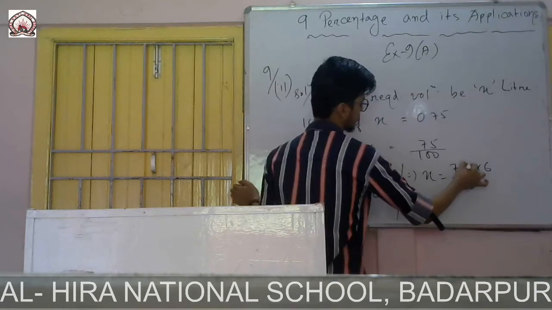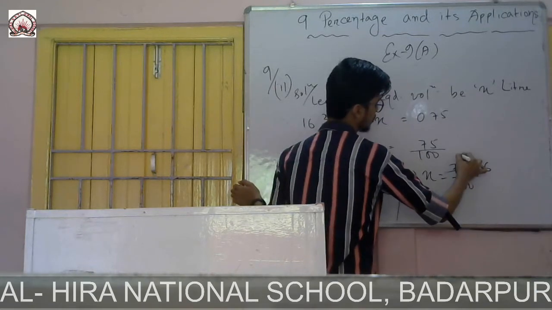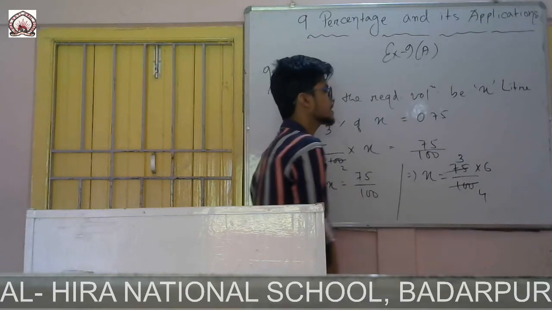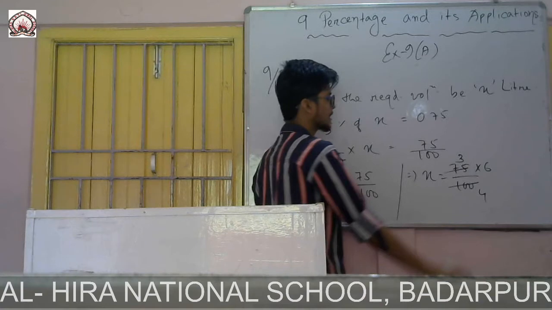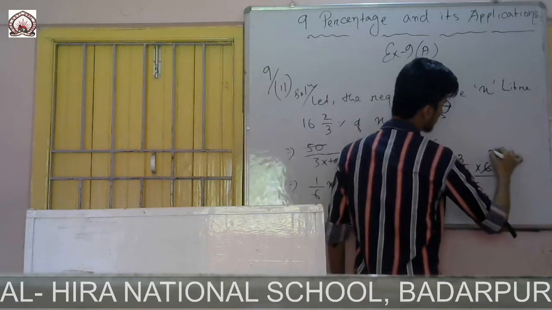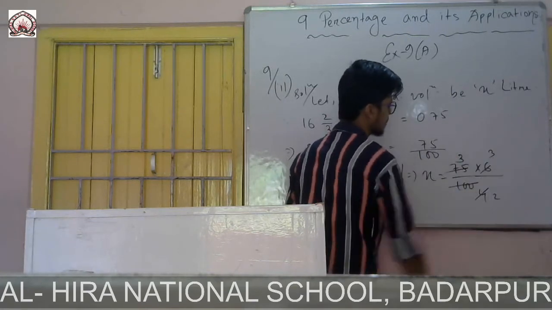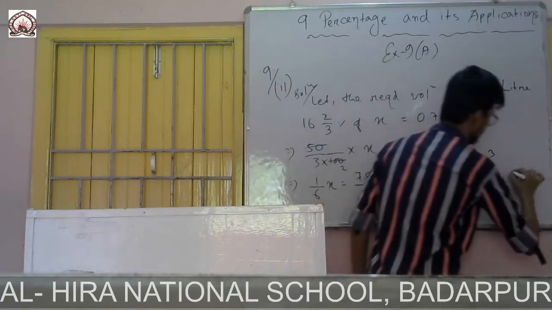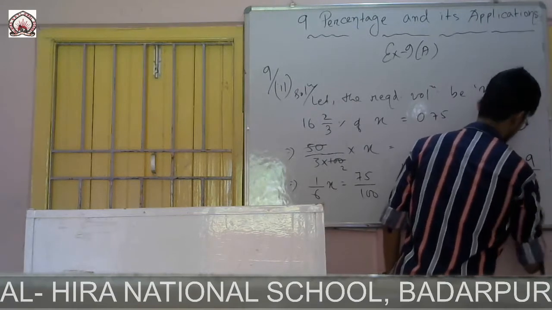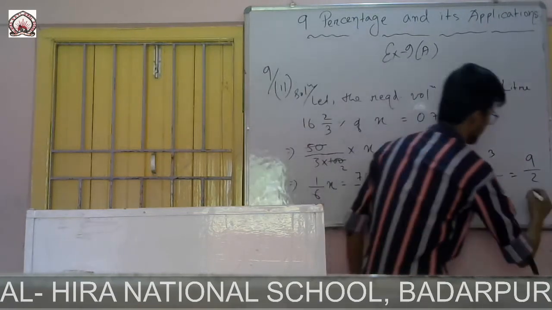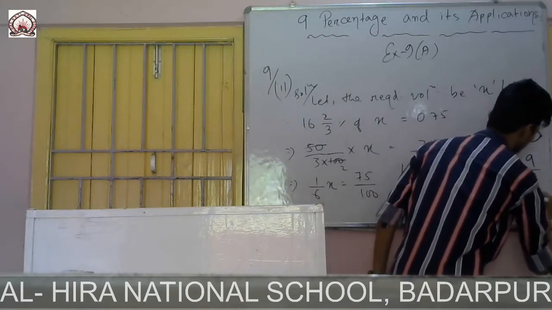Okay, so 75, you see 25 3s are 75, and 25 4s are 100. Again I can cancel this 6 and 4. 2 3s are 6, 2 2s are 4. So how much is left? 3 3s are 9, and there it is 2. So it equals 9 by 2. If I divide 9 by 2, it will be 4.5.